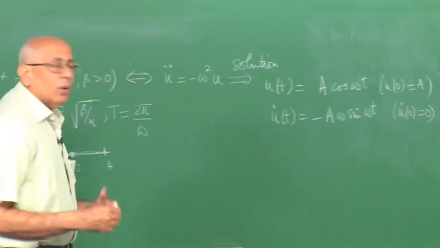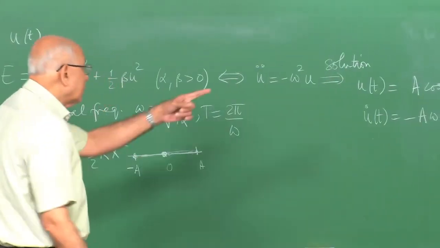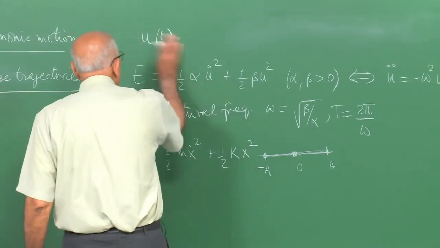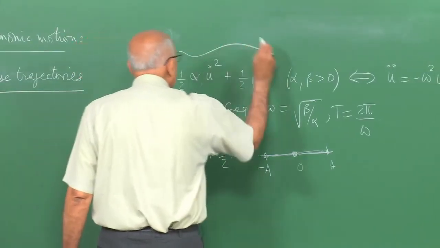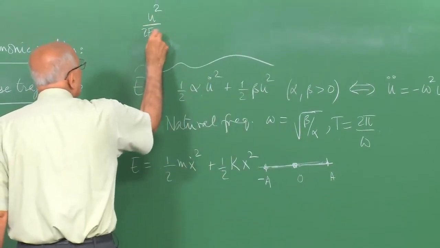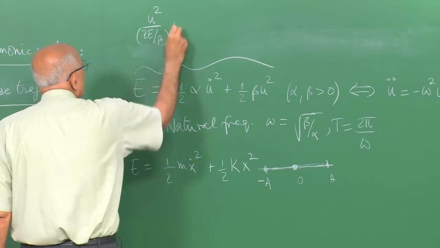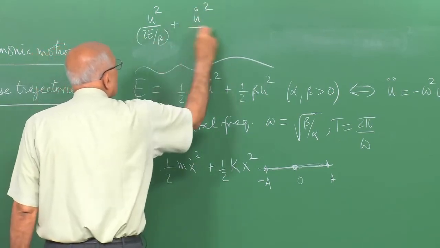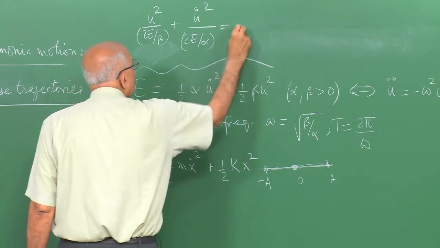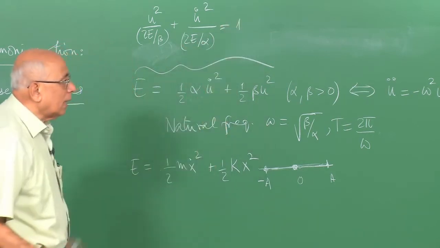So it remains on this ellipse, and that ellipse is nothing but this thing here already. You can see that from this equation here I could write this as u squared over 2E over beta plus u dot squared over 2E over alpha is equal to 1. The same ellipse as before.